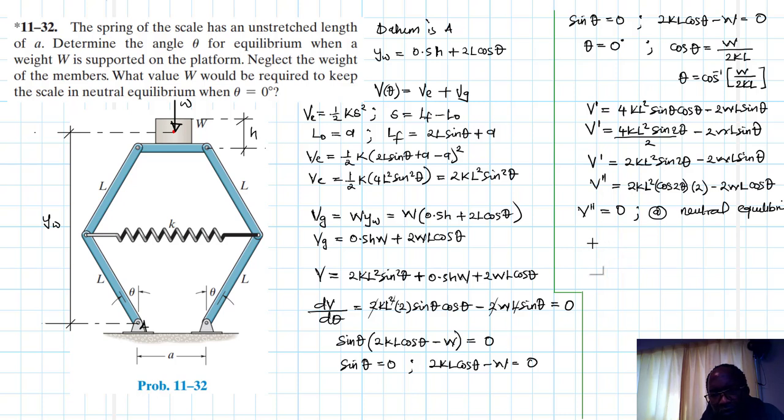This becomes 4kl squared cos 2 theta, minus 2wl cos theta equal to 0. So a 2 there, 1 goes there.